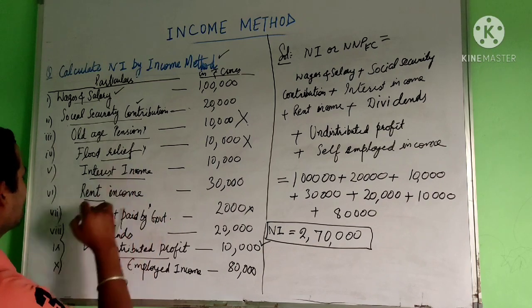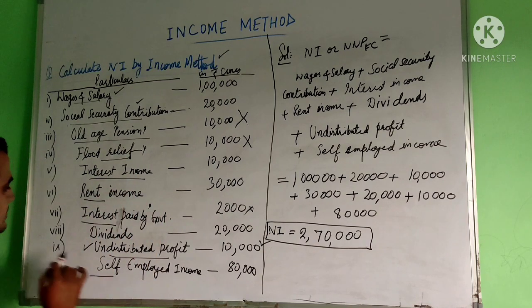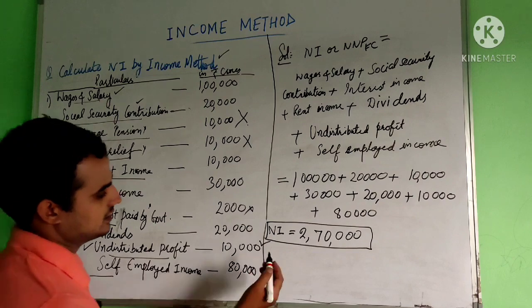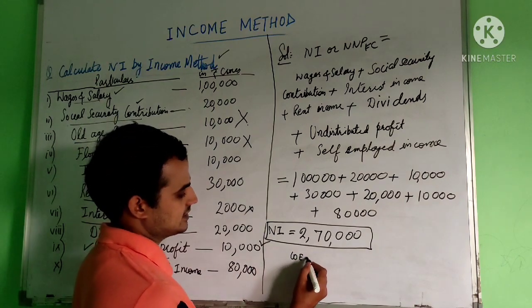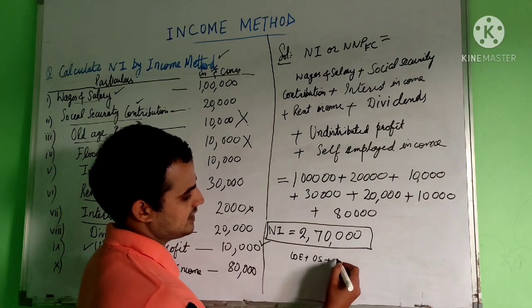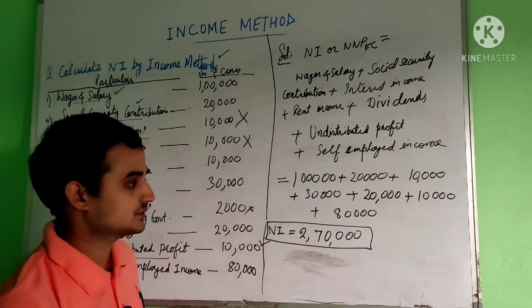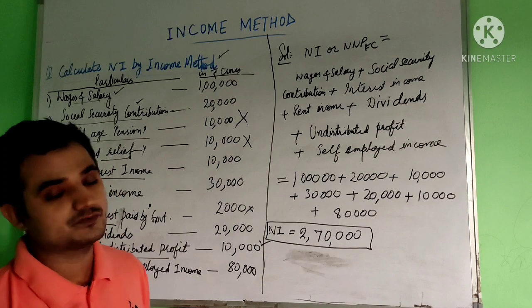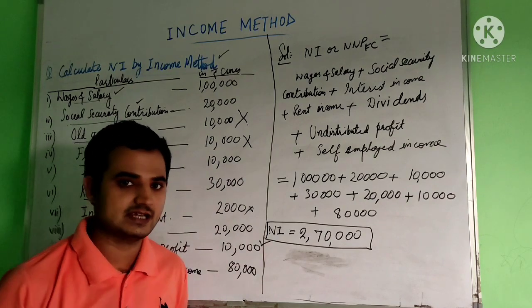So we have added compensation of employees, operating surplus, rent, interest, profit, dividend, and mixed income. We have put the values of these different variables and finally reached national income.